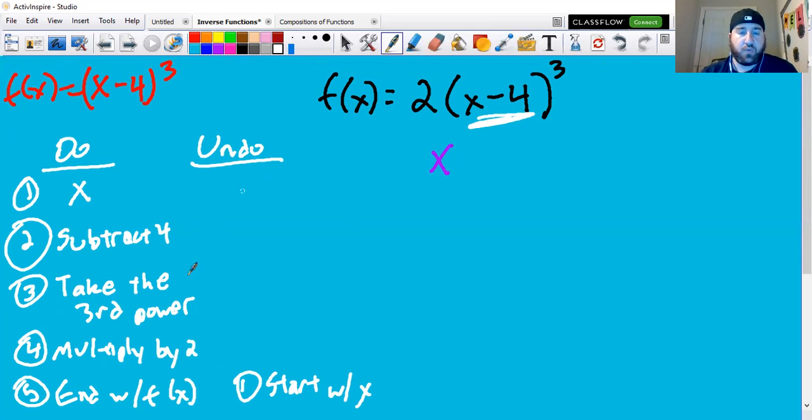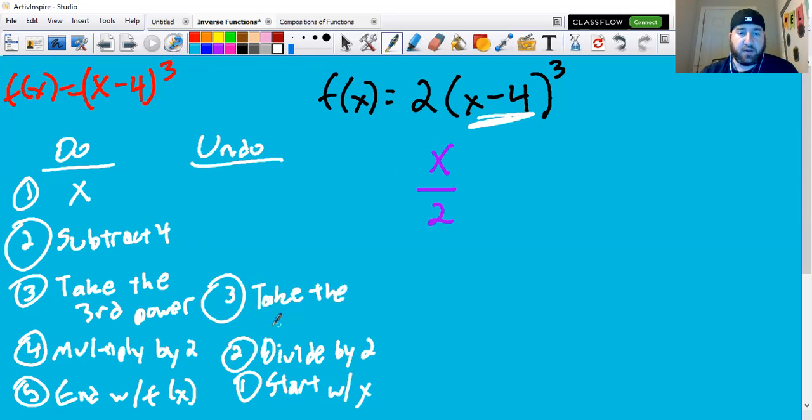All right, so opposite of multiply by 2, divide by 2. So divide that by 2. Opposite of take the third power is I'm going to take the third root. So I got to put this whole fraction under the cube root.